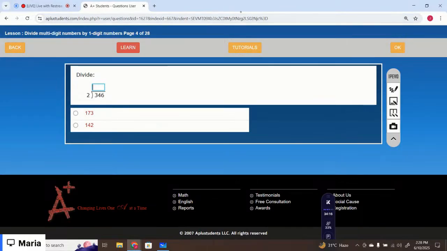346 divided by 2, which is the correct option?